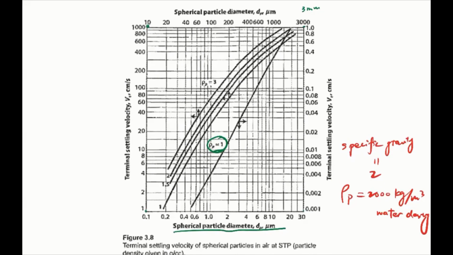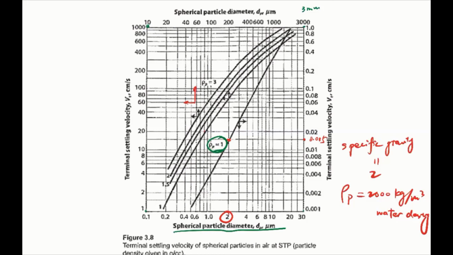Okay, so let's say we're interested in a particle with a size of 2 microns, what is its settling velocity? It's going to be here, and then if we trace here, it's going to be 0.015. Pay attention that for this curve, you're going to look in this direction, as shown by these arrows here. For these curves, you're going to look in this direction.